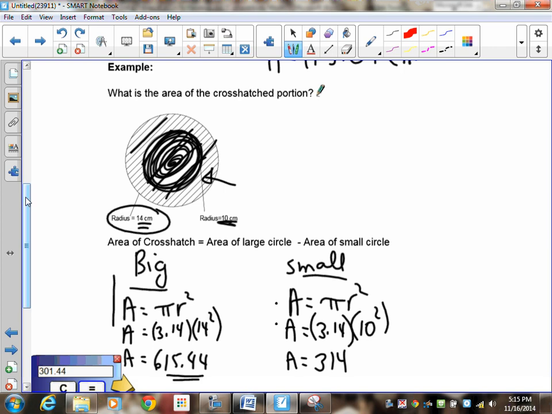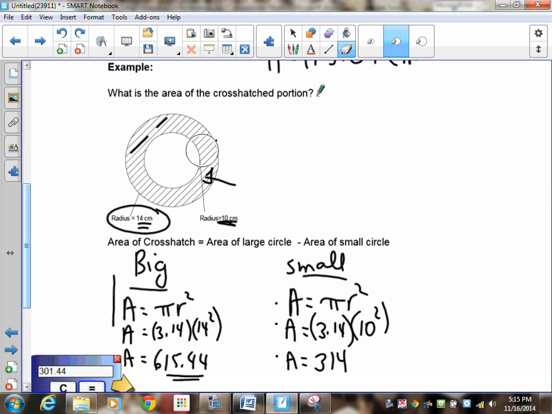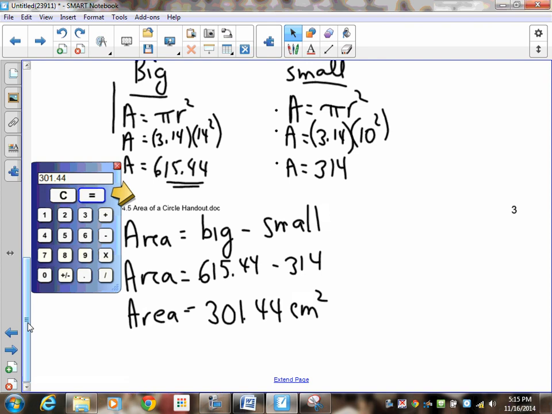So formula, substitution, answer. That has an area of 314. So then I took the area of the whole thing, 615.44, and I removed the middle by subtraction. So that means 615, take away the 314, means that I get 301.44. Okay? I hope you understand.